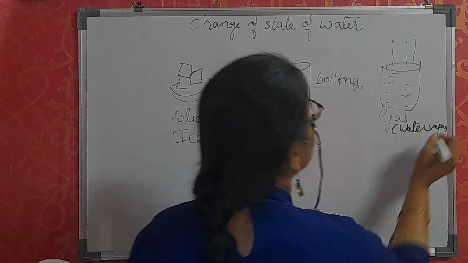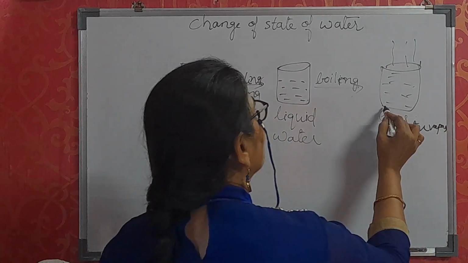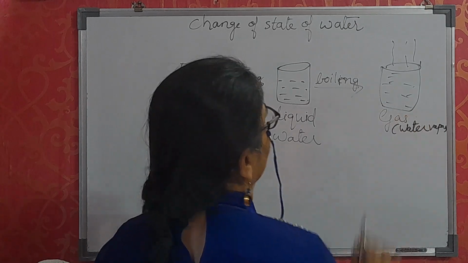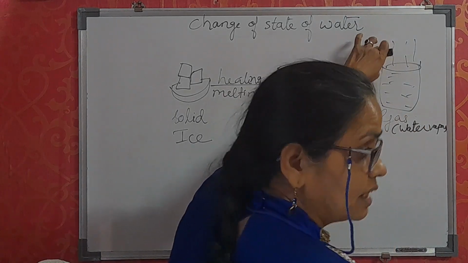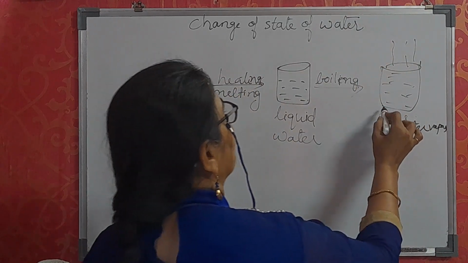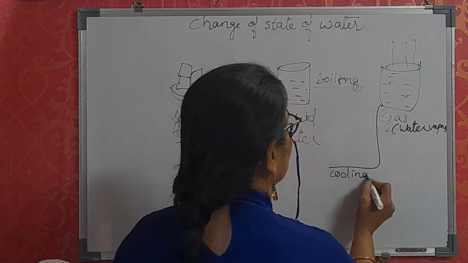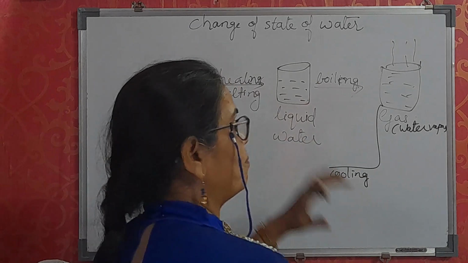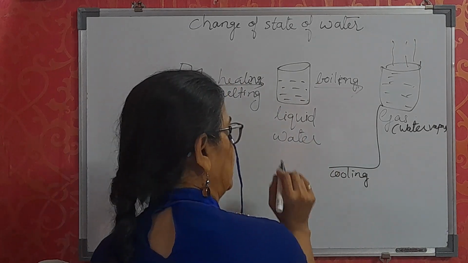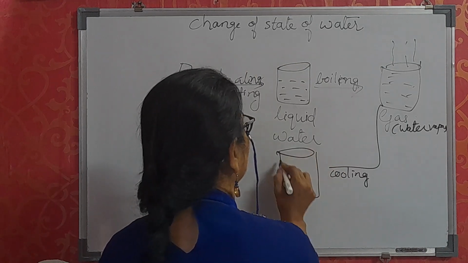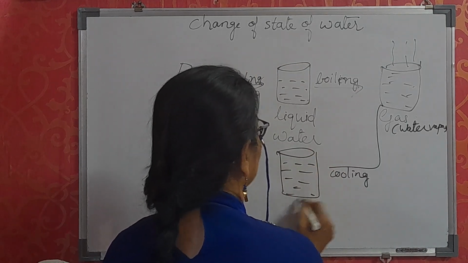Now the reverse process. When I switch off my gas and cover it with the lid, after some time, after cooling, what will you see? You will see the water droplets on the lid of the container. So that will turn to liquid again, that is in water form.